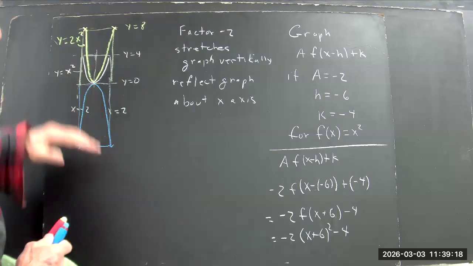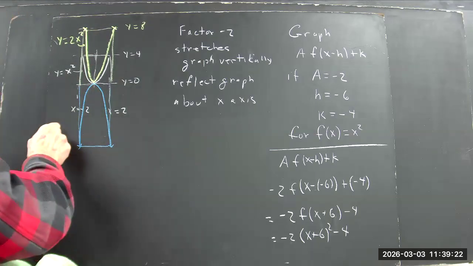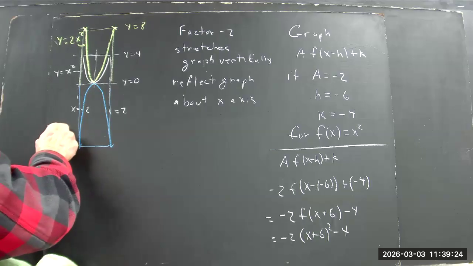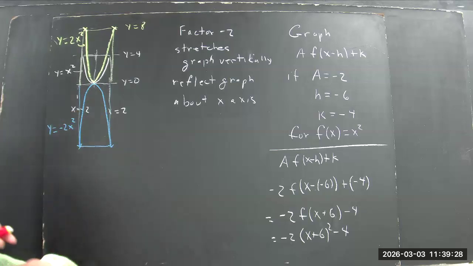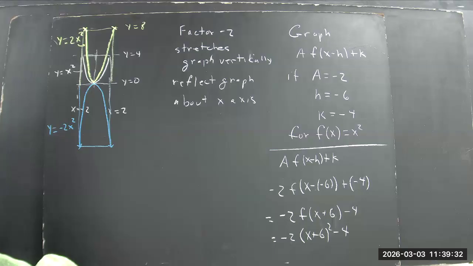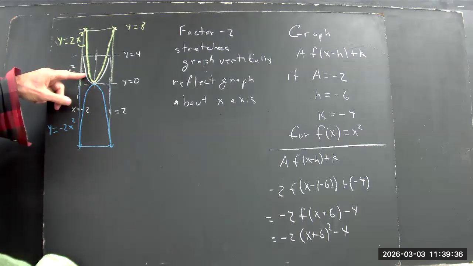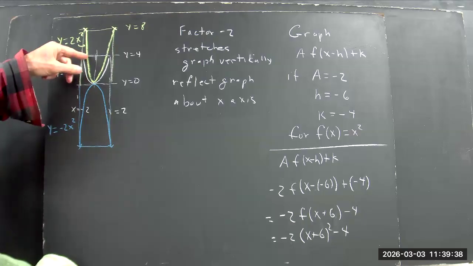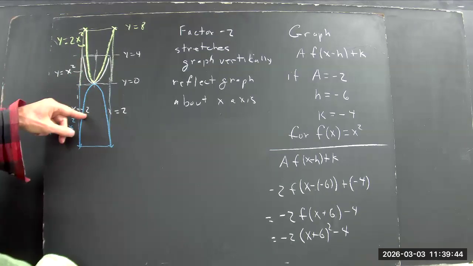Now, why does the graph flip over the x-axis? Well, this is going to be the graph of y equals negative 2x squared. So whatever x is, we can square it to get the x squared value. We can double it to get the 2x squared value. And then we can take its negative, which would be down here.